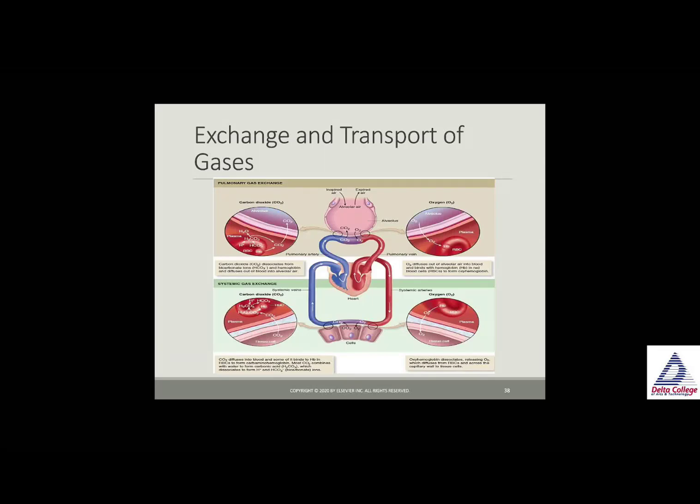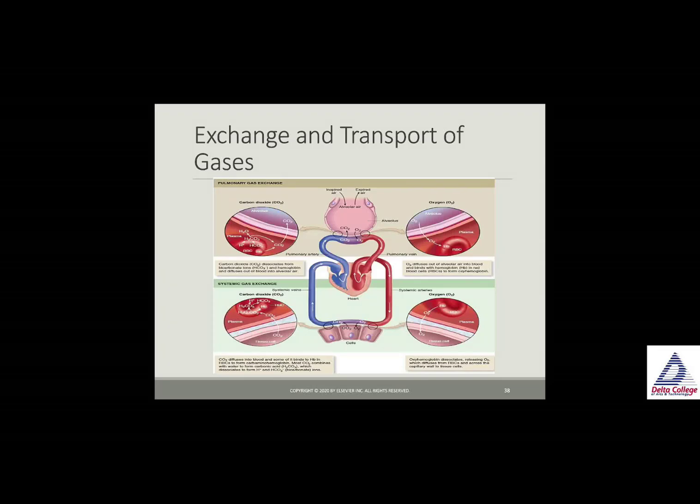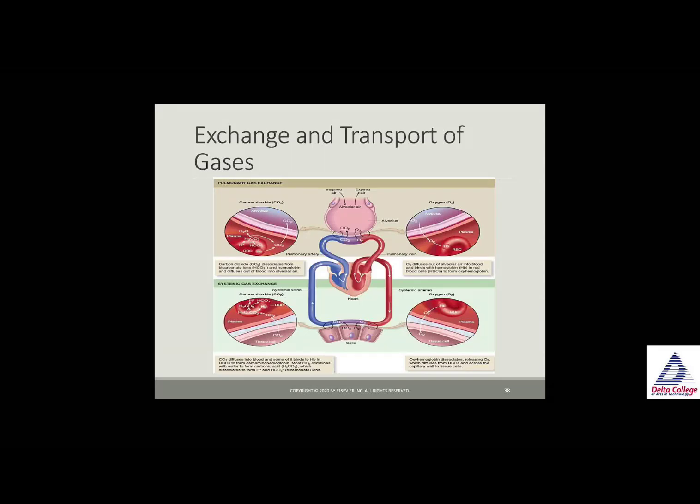Some of it binds to hemoglobin in the red blood cells to form carbaminohemoglobin. Most carbon dioxide combines with water to form carbonic acid, which dissociates and ends up becoming bicarbonate ions. And this is going to be important when we start talking about acid-base balance. But that occurs during systemic gas exchange.